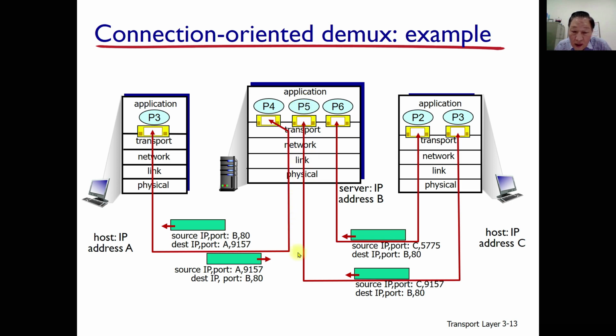Let's look at this one. This one is from DC, and let's assume this one has 9157 source port number, and destination port number same 80. 80 means web service, HTTP application. This one is HTTP, and a different HTTP application process is being used here.